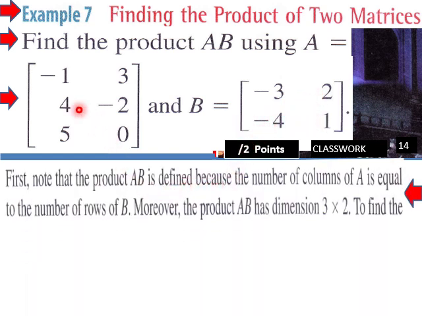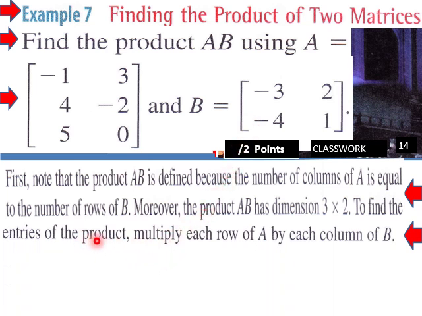First note that the product AB is defined because the number of columns of A is 2, equal to the number of rows of B. So we have 2 columns on A and 2 rows on B. Moreover, the product AB has dimension 3 by 2, so we have 3 rows and 2 columns.